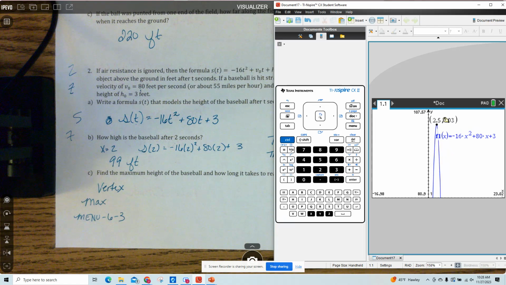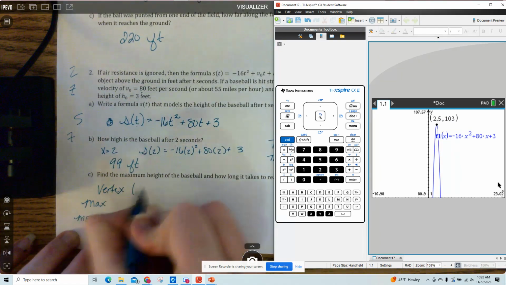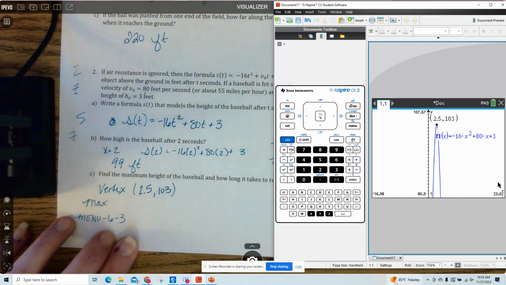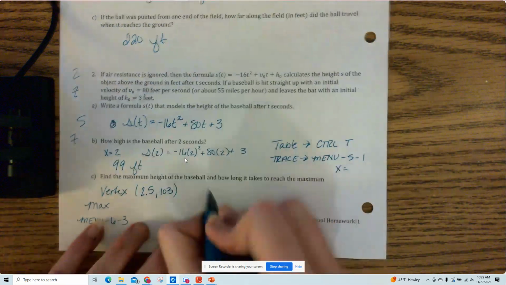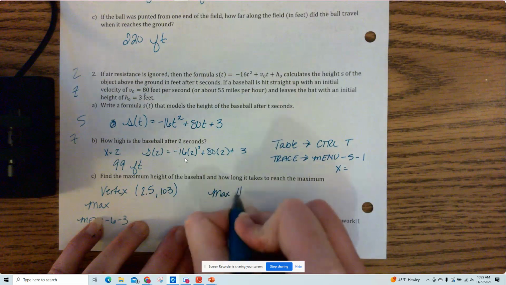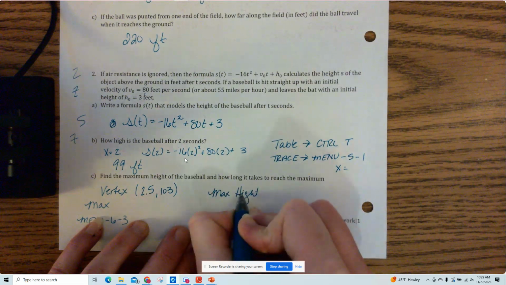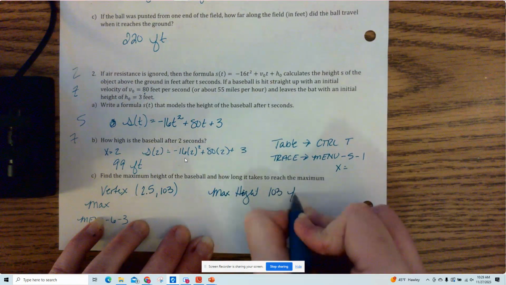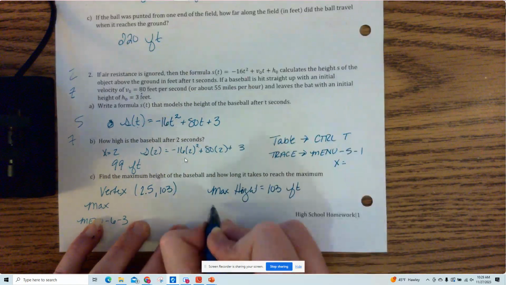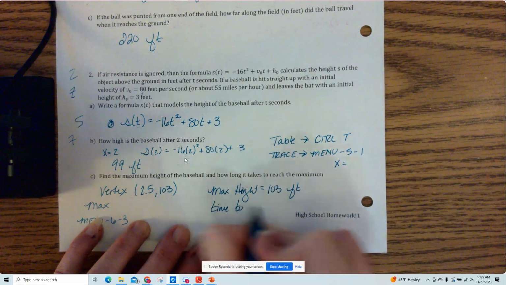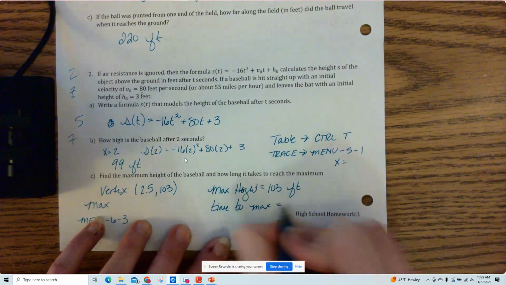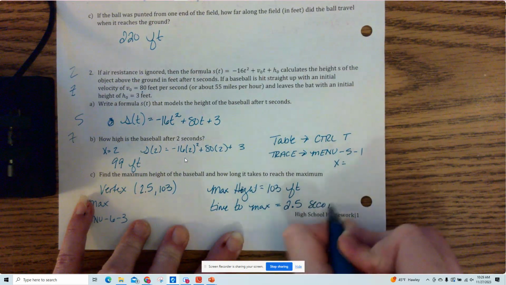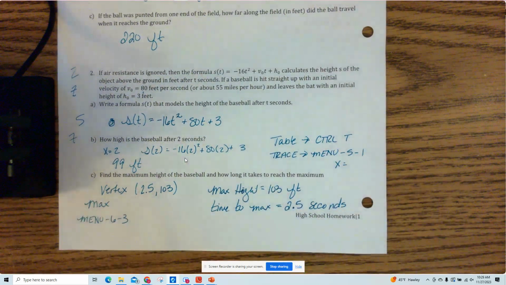Capture that maximum. So that vertex is 2.5, 103, which means the max height is 103 feet. And the time to the max height is 2.5 seconds.